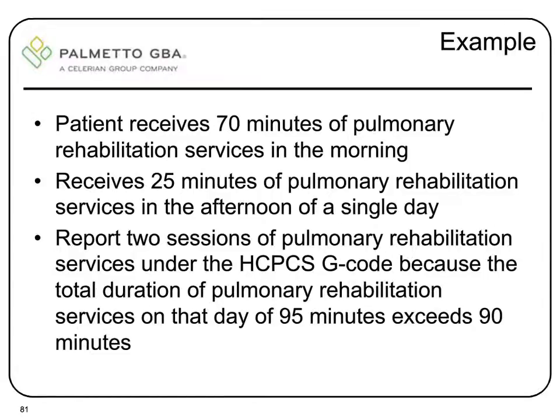Example 3, patient receives 70 minutes of pulmonary rehab services in the morning, receives 25 minutes of pulmonary rehab services in the afternoon of a single day. Report 2 sessions of pulmonary rehab services under the HCPCS G code because the total duration of pulmonary rehab services on that day of 95 minutes exceeds the 90 minutes.